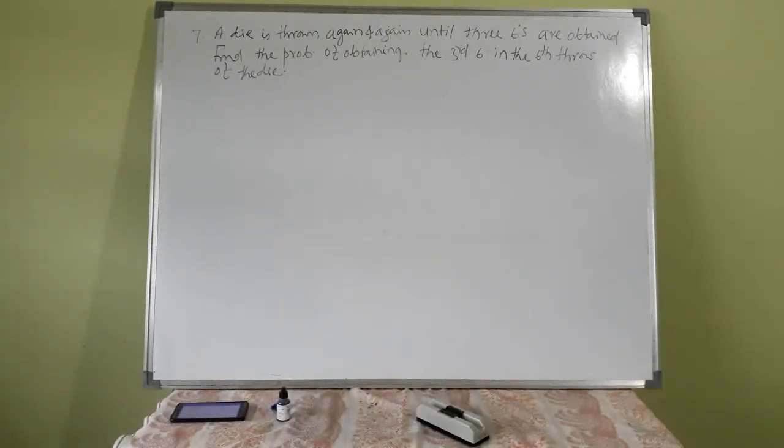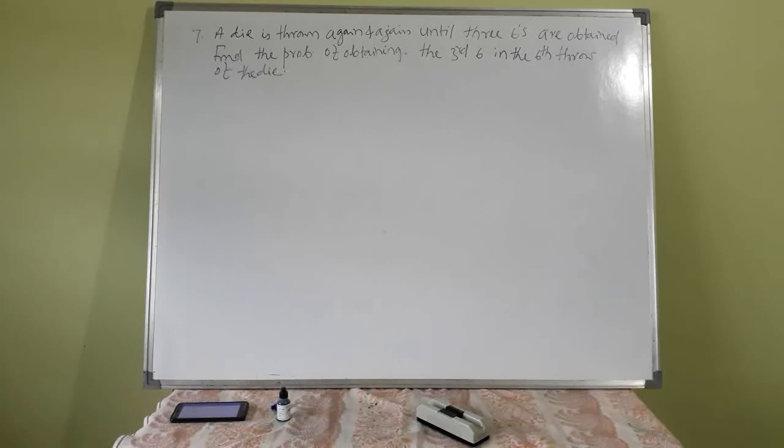A die is thrown again and again until 3 sixes are obtained. Find the probability of obtaining the third 6 in the 6th throw of the die. Can you understand this problem? The third 6 should come in the 6th throw.